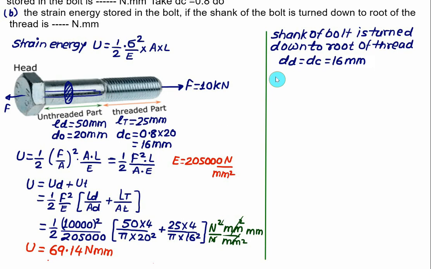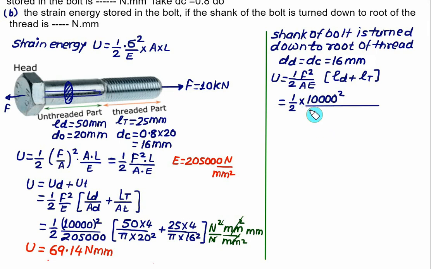So total strain energy will be equal to 1 by 2 F square divided by area, which is common, divided by Young's modulus, into the length of the unthreaded portion plus the length of the threaded portion. Let's check what this value is. We have 1 by 2. Again we have force equal to 10,000 Newton. So we have 10,000 square divided by area, which will be equal to pi by 4.